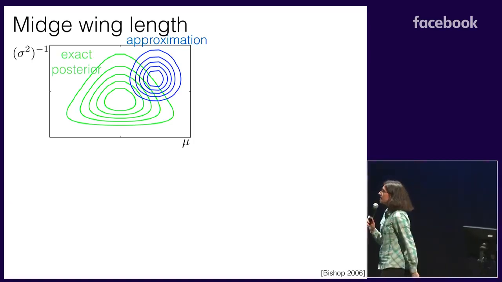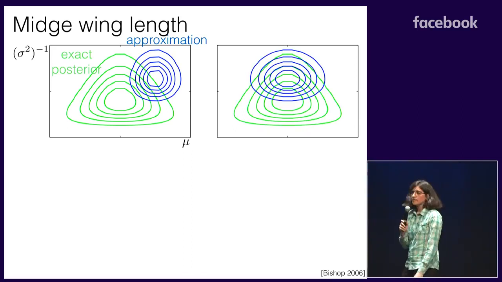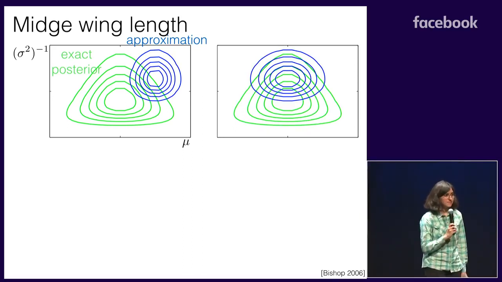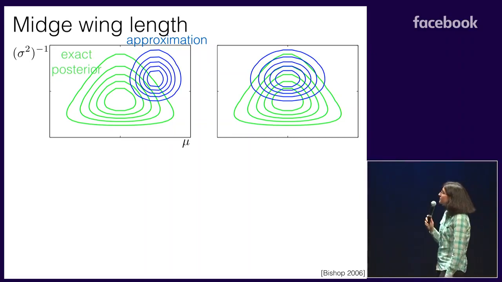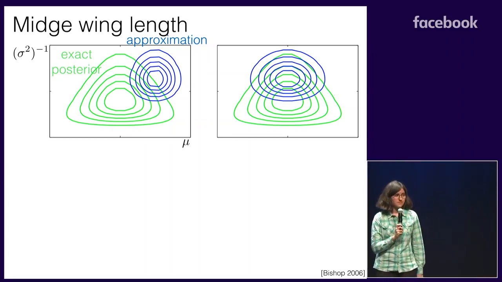Okay, so if we're updating the distribution in mu, things will only change horizontally. Nothing's going to change vertically because the distribution in sigma squared has not changed. It's only the distribution in mu that has changed.